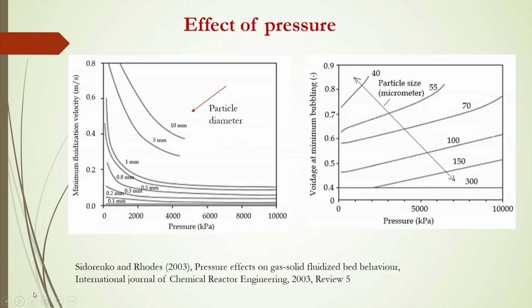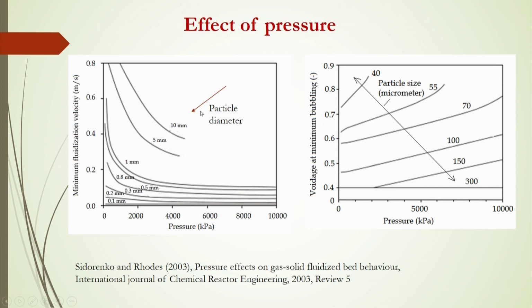And you will see in this figure the effect of pressure, how the minimum fluidization velocity will change with pressure drop. It is seen that minimum fluidization velocity will decrease with increase in pressure drop. These trends are shown here, but this trend will also change if the particle size is changed.